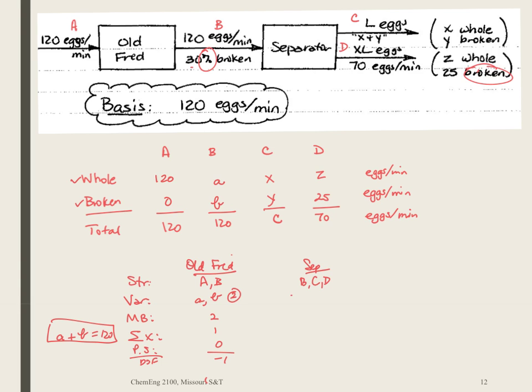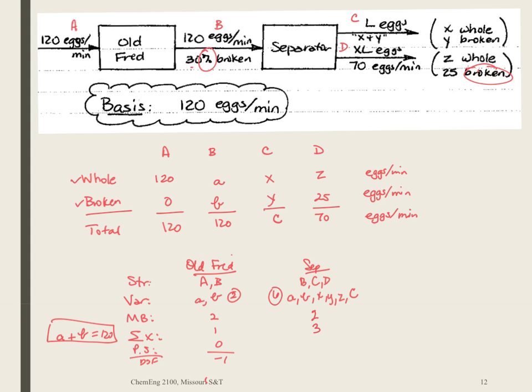My variables, I have little a, little b, little x, little y, little z, and capital C. So I have 1, 2, 3, 4, 5, 6. Okay, I have 6 variables here. The material balances, I get 2. Sum of x's, I get 1, 2, 3.